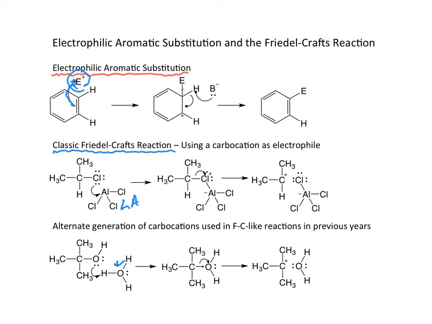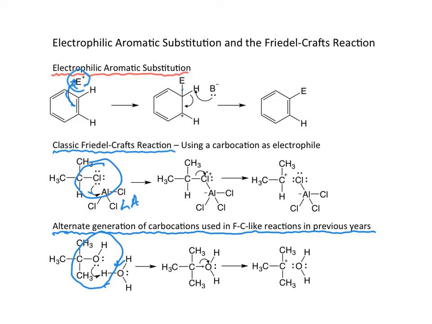So we have, in the past, used this reaction as a way of generating carbocations in a Friedel-Crafts-like reaction. But you can see that the aluminum chloride with the chloride ion leaving group here is playing a similar role to the hydrogen ion and the hydroxyl leaving group there. So we were able to generate carbocations to get carbocations acting as electrophiles.